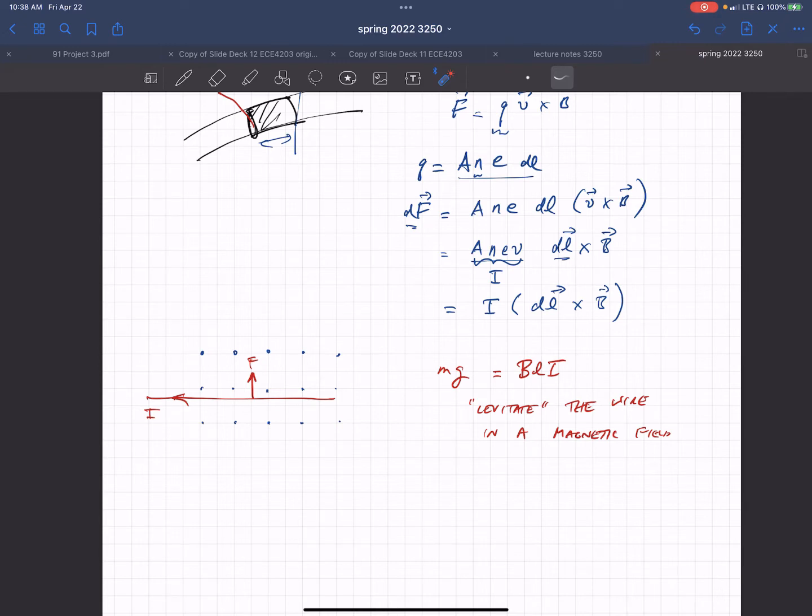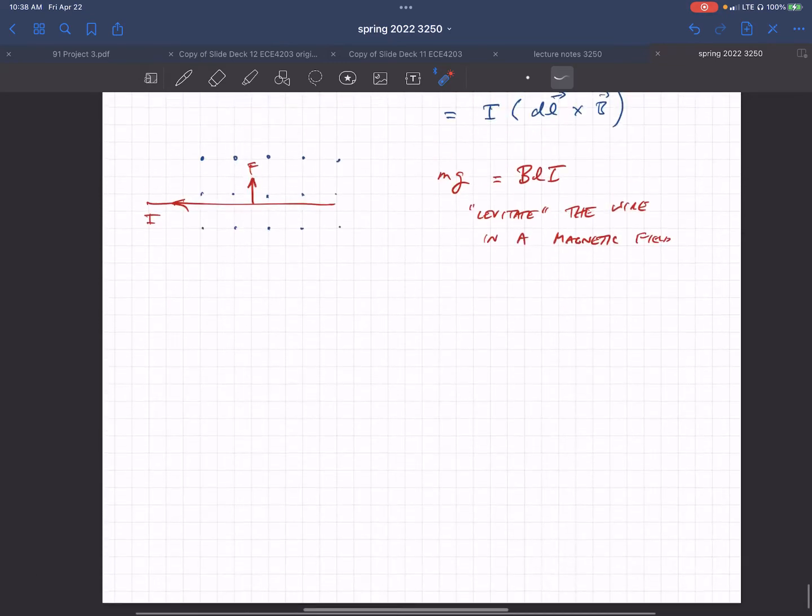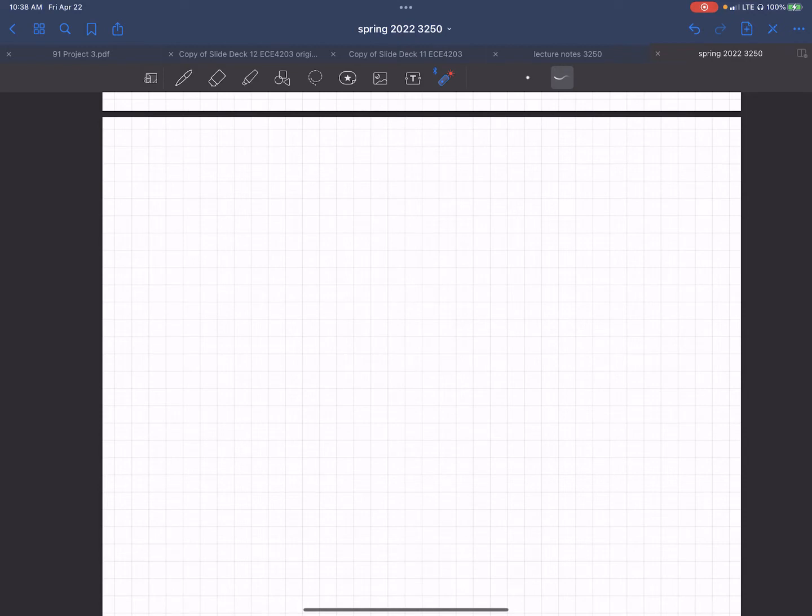Okay, so now let's look at another example, more complicated. Let's say you have, I'm going to try to draw a semicircle. It's good enough for me there.